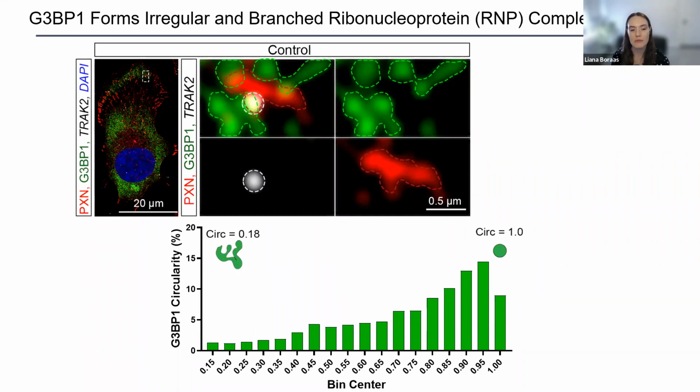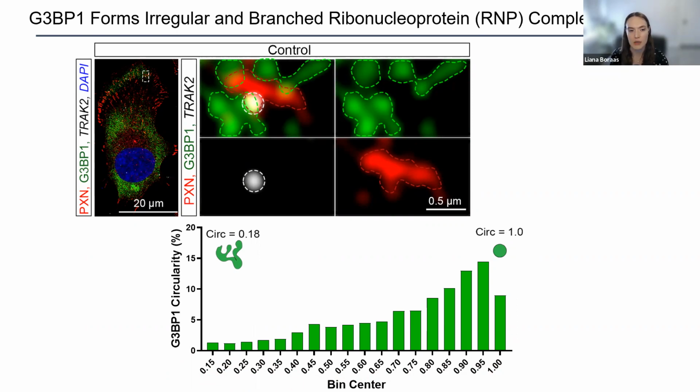Instead, they form this heterogeneous population of irregular and branched RNP complexes. So we have the circularity shown here, less than 10% are spherical. And there is a tail to the distribution, but we can see these very non-spherical, very branched, very irregular granule types. And we know that our RNA is integrating into those.